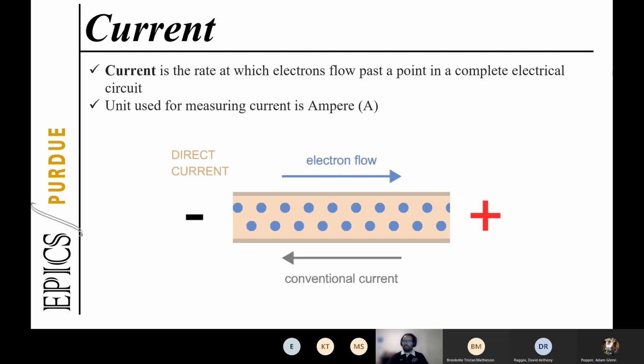And that convention establishes that the plus, or the larger voltage, which I'm going to talk about in a minute, is towards where the electrons are flowing. Therefore, the current is coming from that direction into the place with a lower voltage. The unit for measuring current is called ampere, and we use an A for that.